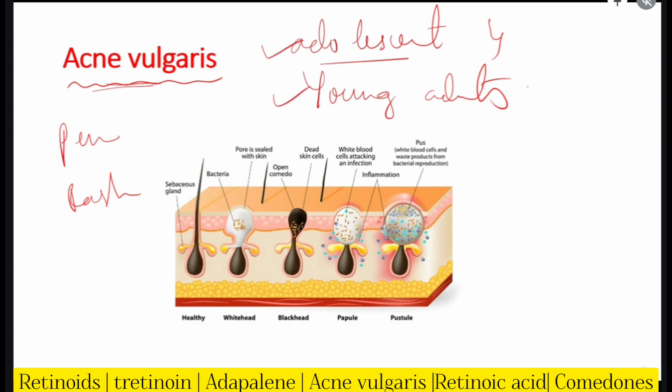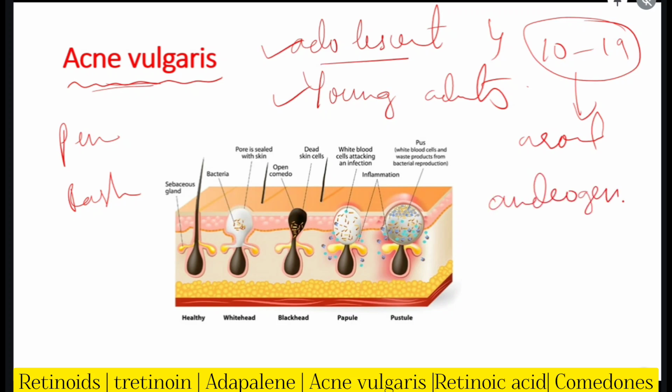Adolescence means the age between 10 and 19, around puberty. At the age of puberty there is excessive production of androgens. Due to the hormonal changes in this age, androgen production will cause acne vulgaris.